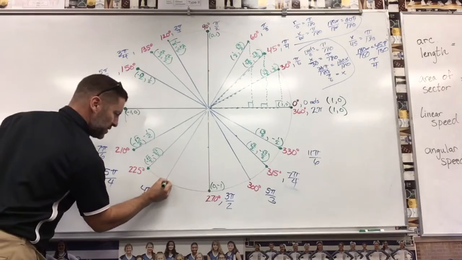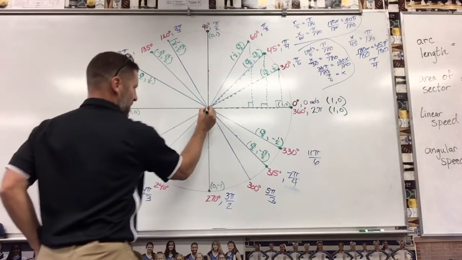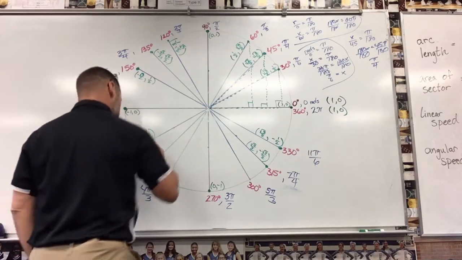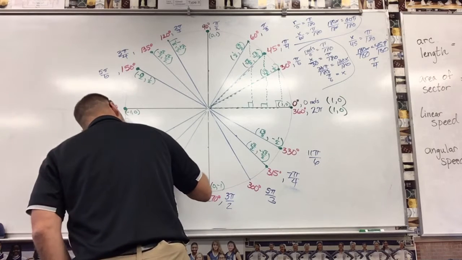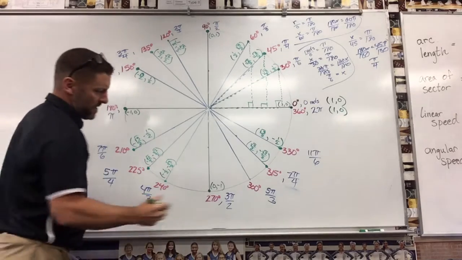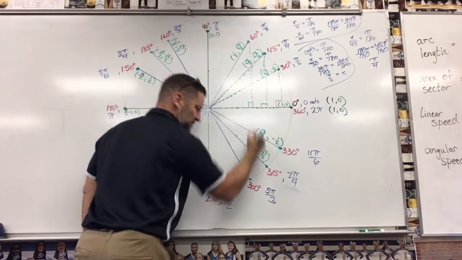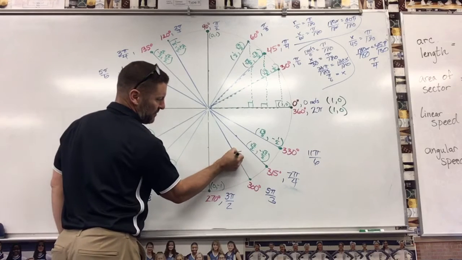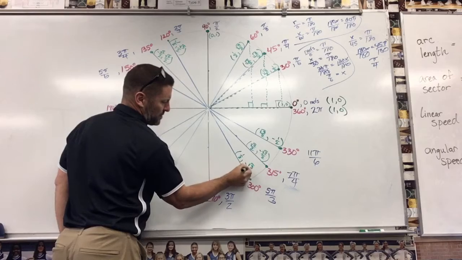And then this coordinate down here, to get to there, I go over a half, down root 3 over 2. So I go left 1/2, negative, and I go down root 3 over 2. And then to get to this point here, I go right a half, which is positive, down root 3 over 2, which is negative. So right 1/2, down root 3 over 2.